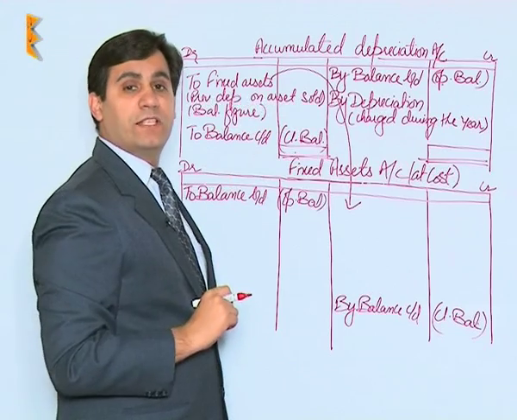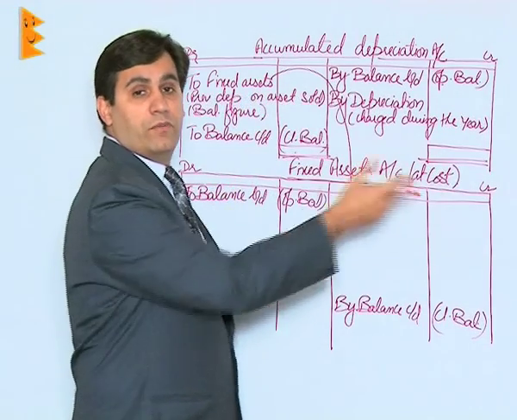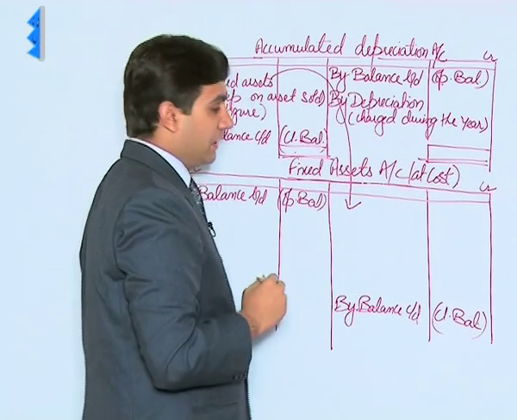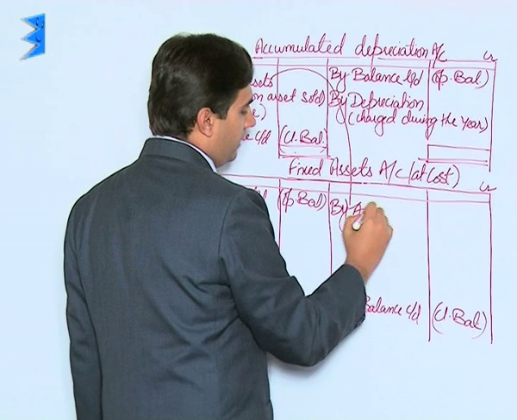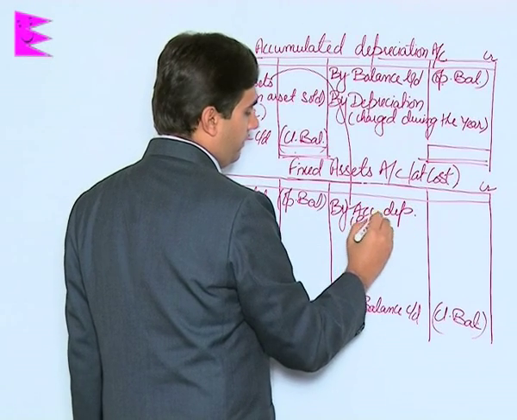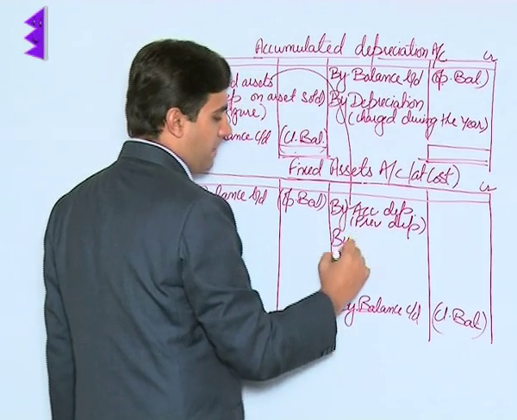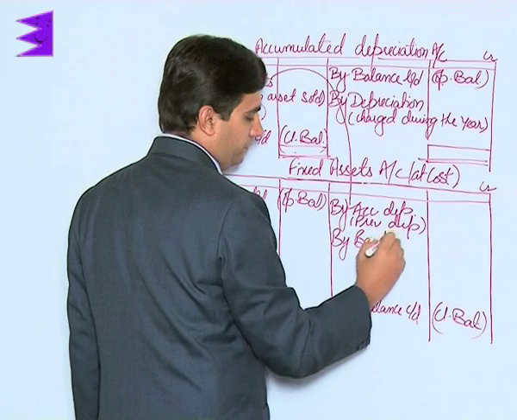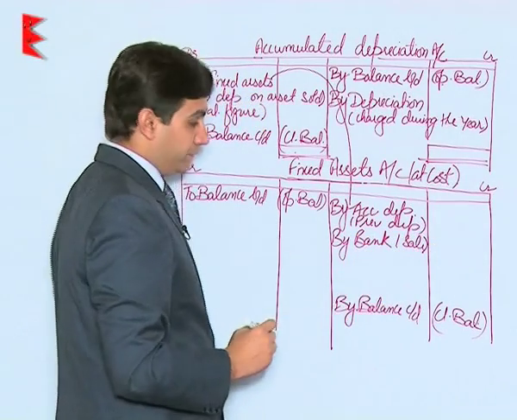So by rules of ledger posting, we know that any item appearing in the debit side of one account will appear on the credit side of other account. So it would be by accumulated depreciation, that is the previous depreciation. Then by bank, any sale of asset during the year.